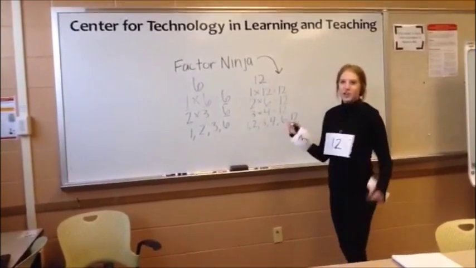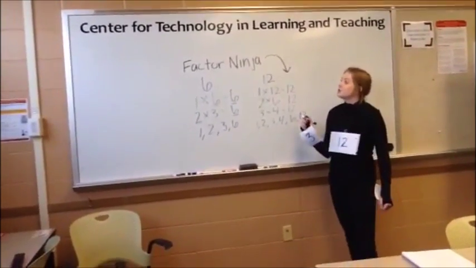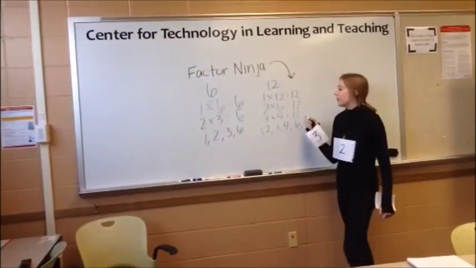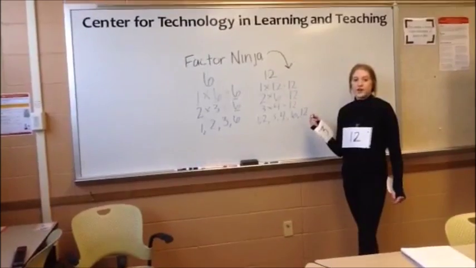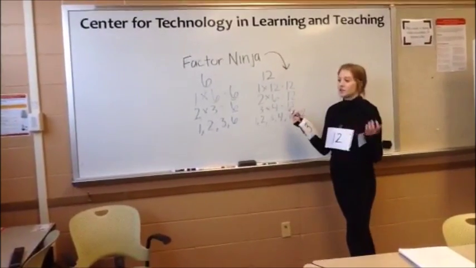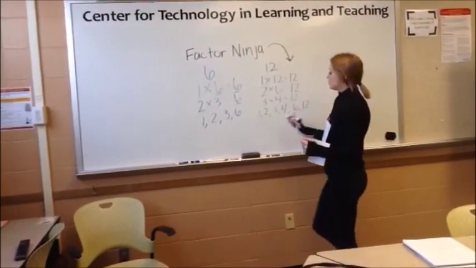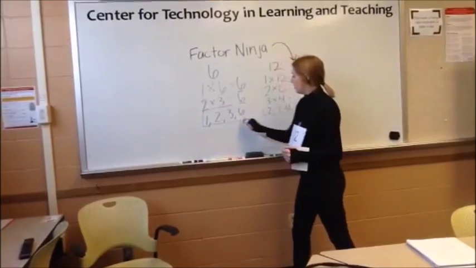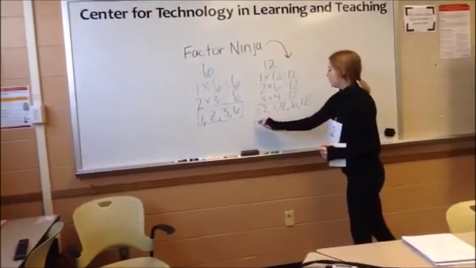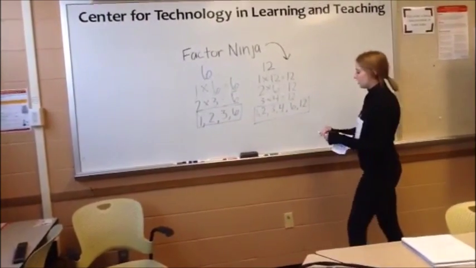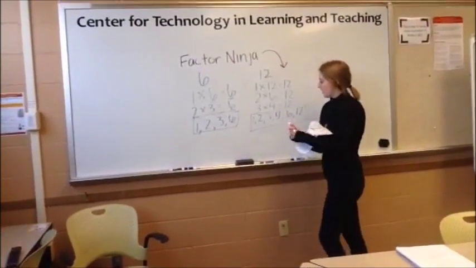So as a Factor Ninja, I can also find common factors between more than one number. So for 6 and 12, if we were trying to find a common factor, that would be a factor that two numbers have in common or that they share. So these are my factors for the number 6, and these are my factors for the number 12. So to find which ones they have in common, I can just look at both lists.